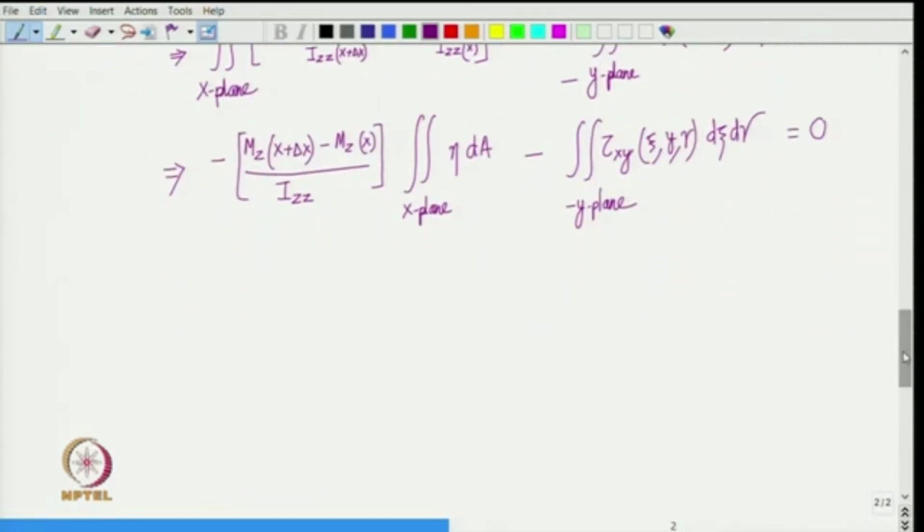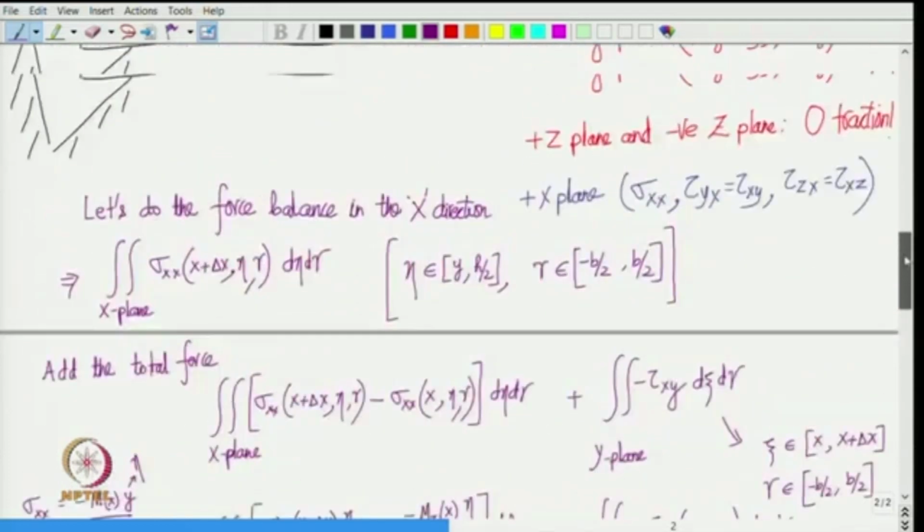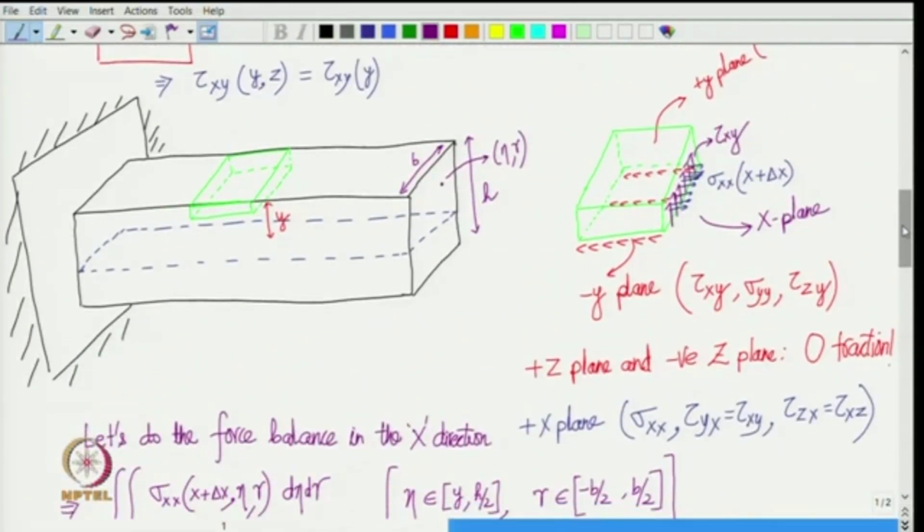And you see the green element that we took in the beginning, its length along the axis of the beam is delta x, which can be arbitrary. So, you can choose the green element such that the length could be as small as possible, right.